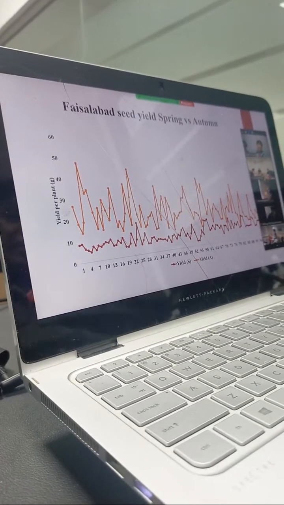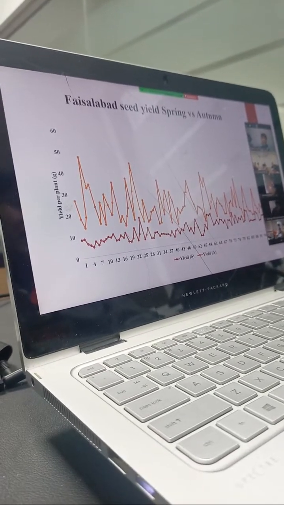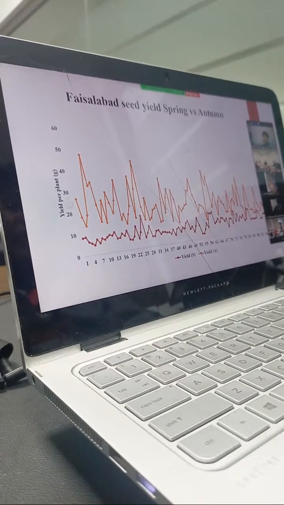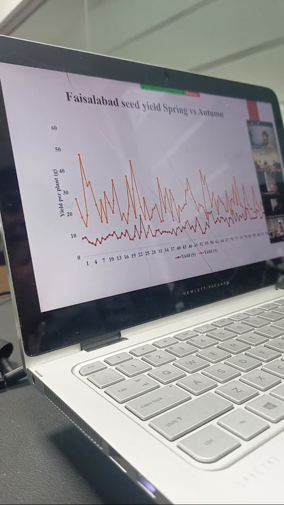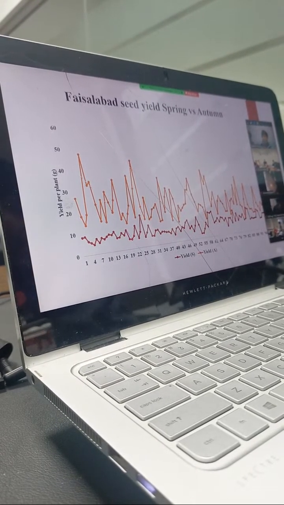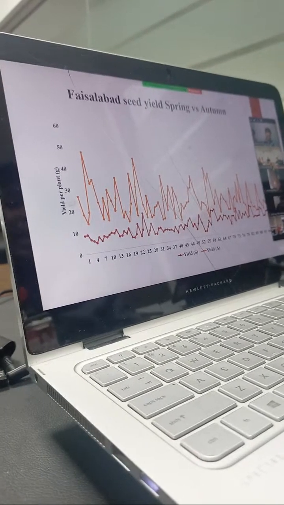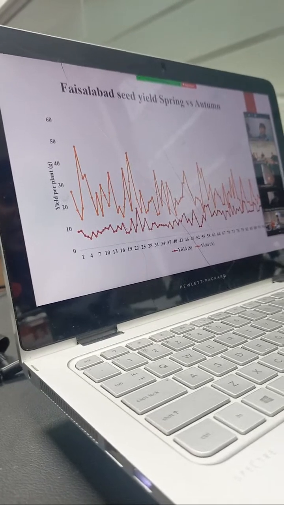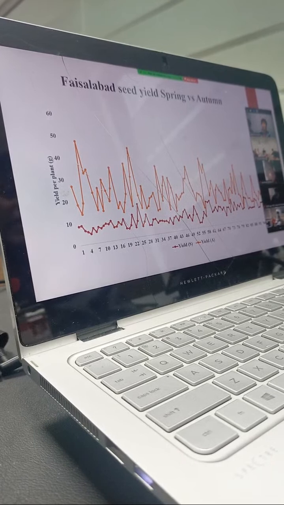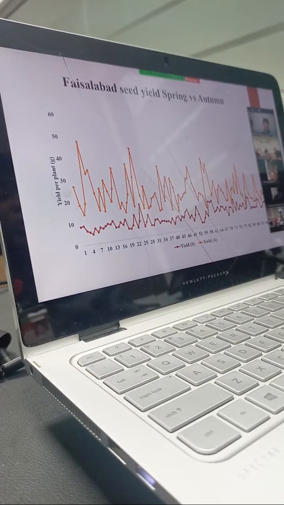In autumn, because temperature is low at the time of grain filling, all the genotypes have higher per plant yield compared to spring season, when the temperature is almost 40 or 40 plus degrees. And this was the major problem which we were facing at that time, and our objective was that we should identify or breed those genotypes which are suitable for cultivation at higher temperatures or in spring season.